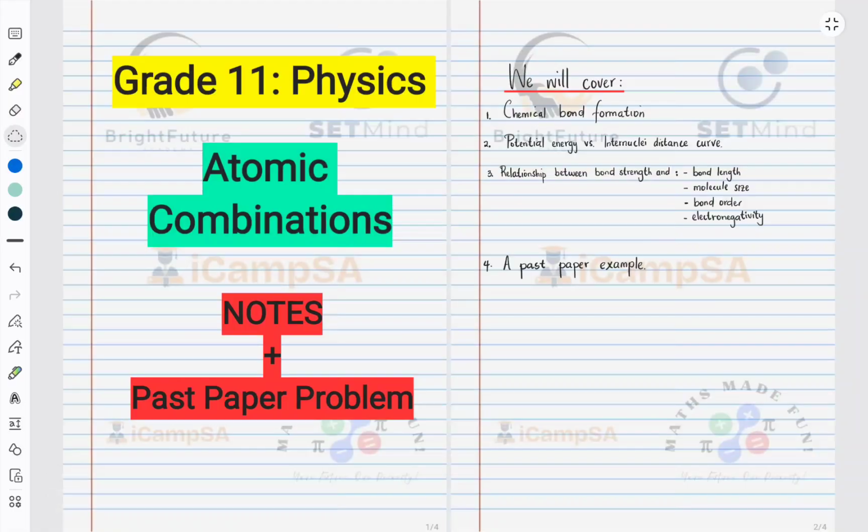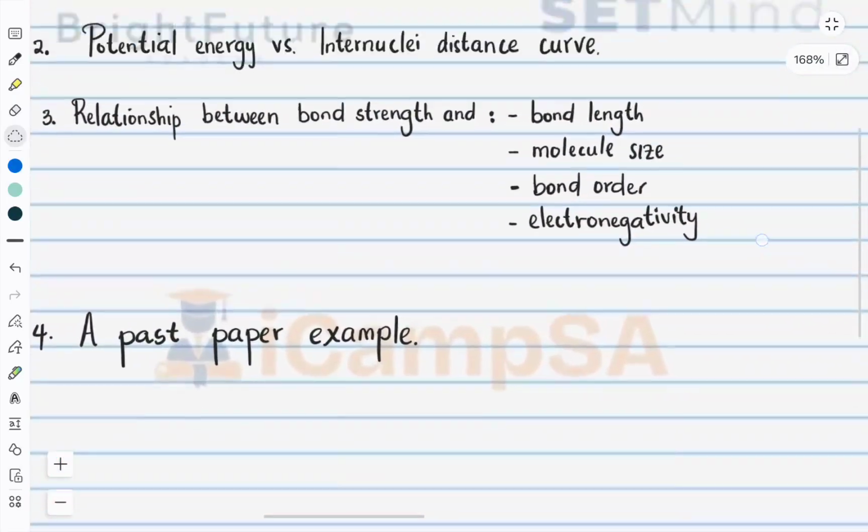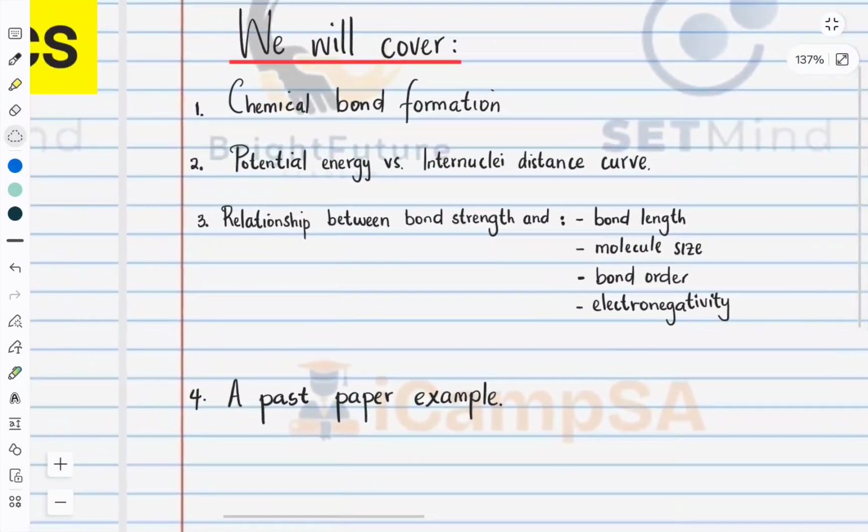So today we are on atomic combinations, that chapter, but specifically I would like us to focus on these items that I've listed here. First, how chemical bonds are formed. Secondly, the potential energy versus the distance between the nuclei of atoms, that curve.